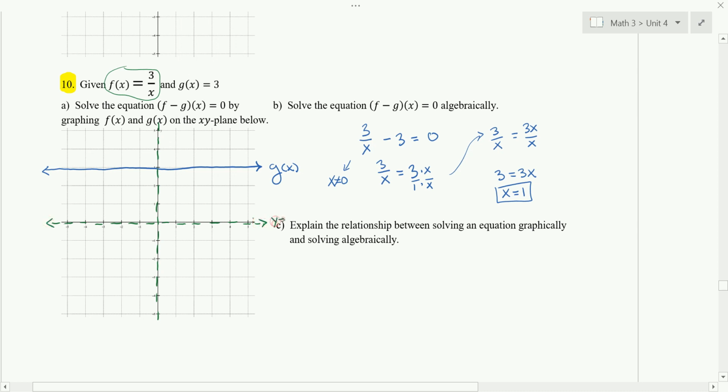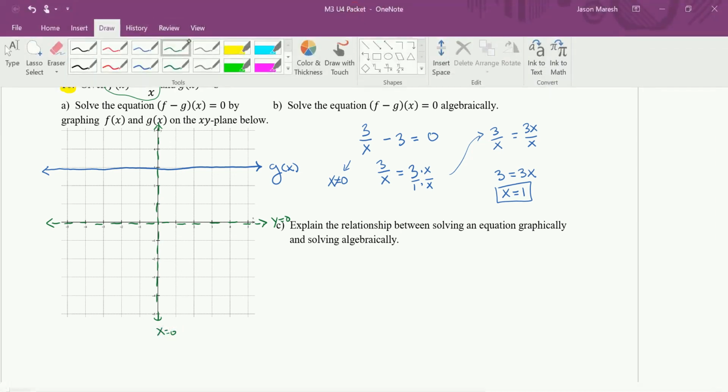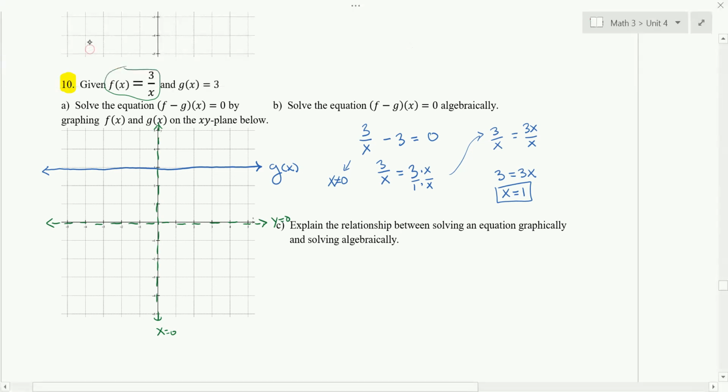This is y equals 0. This is x equals 0. And we know that they're going to cross at x equals 1.